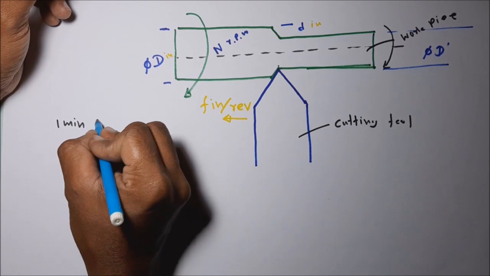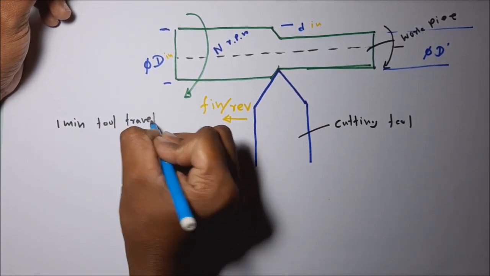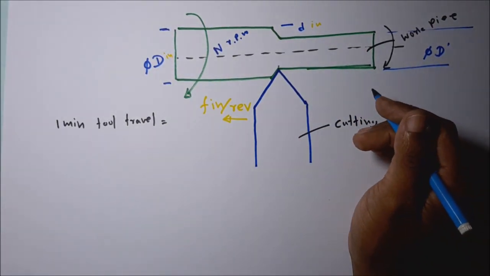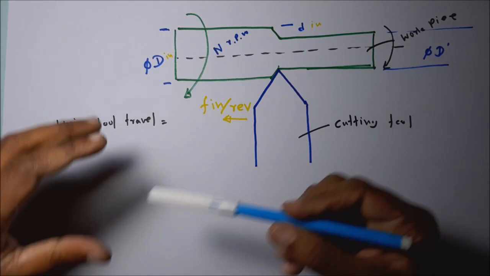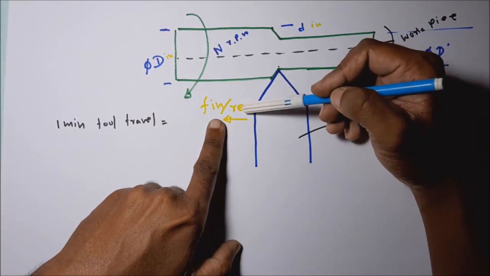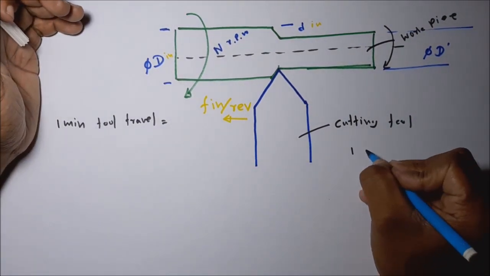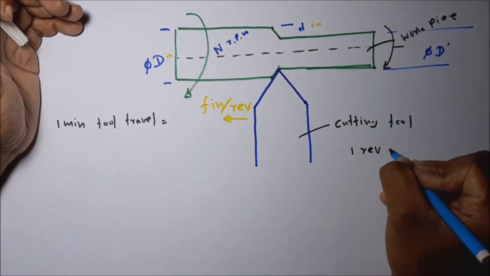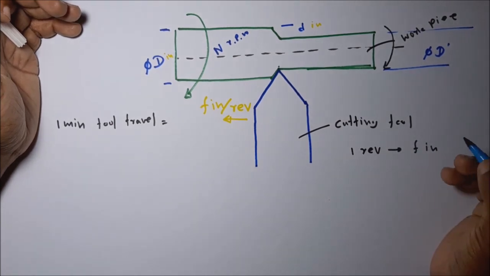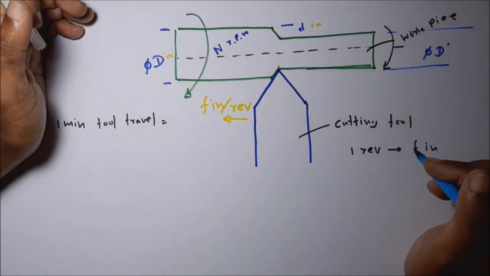Per one revolution, what is the tool travel? Per one revolution, the tool travel is F in inches.